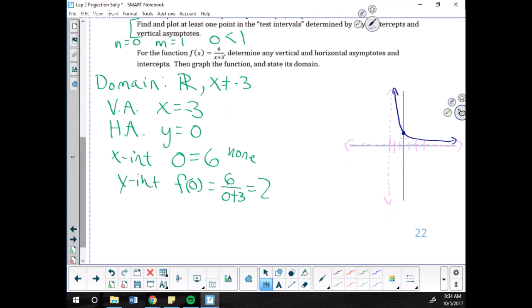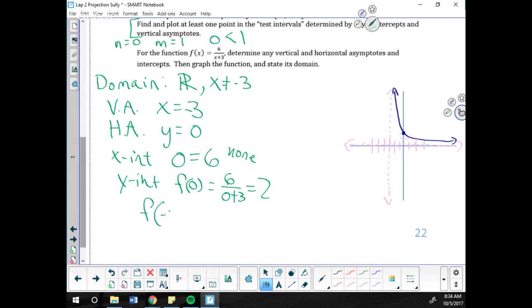So how do you think we'll find a point in that area? Plug in a number. What number would you like to plug in? I would always suggest plugging in the easiest number you can think of. Negative 4? Okay, let's try negative 4.